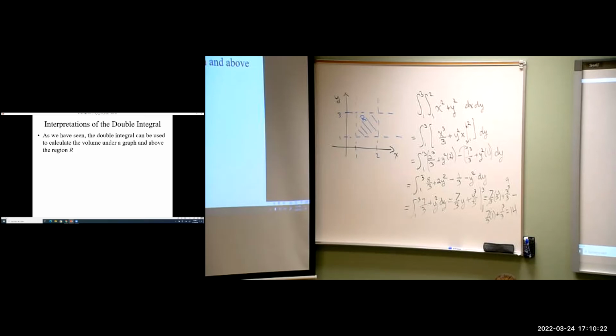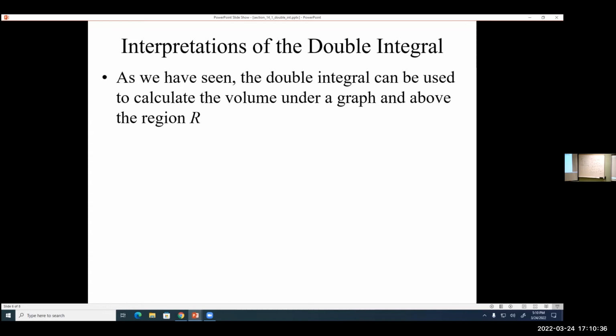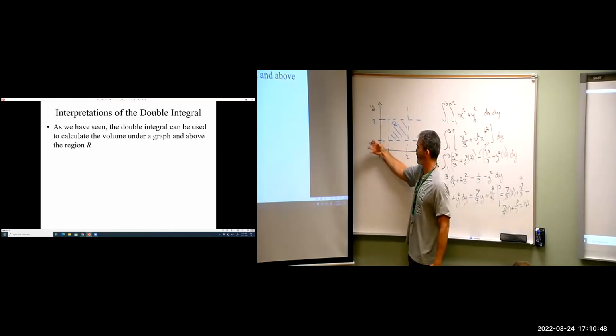Just a couple interpretations of the double integral. Just like in single variable calc, we use an integral to calculate area under a curve. These could calculate the volume under a curve above the region. In this example, we've got our paraboloid coming out of the board like this.